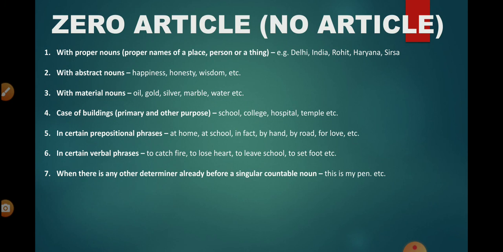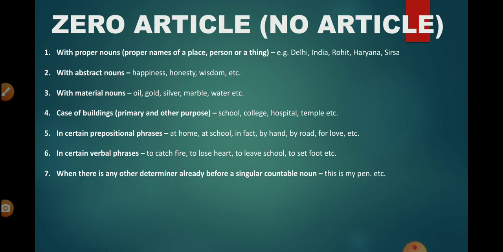The last one is when there is any other determiner already before a singular countable noun. Sometimes possessive determiners, quantifiers, or demonstrative determiners are already used before a noun.